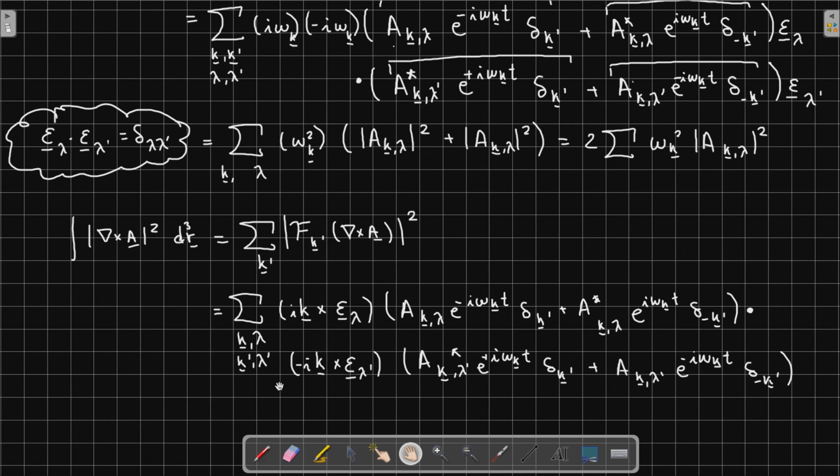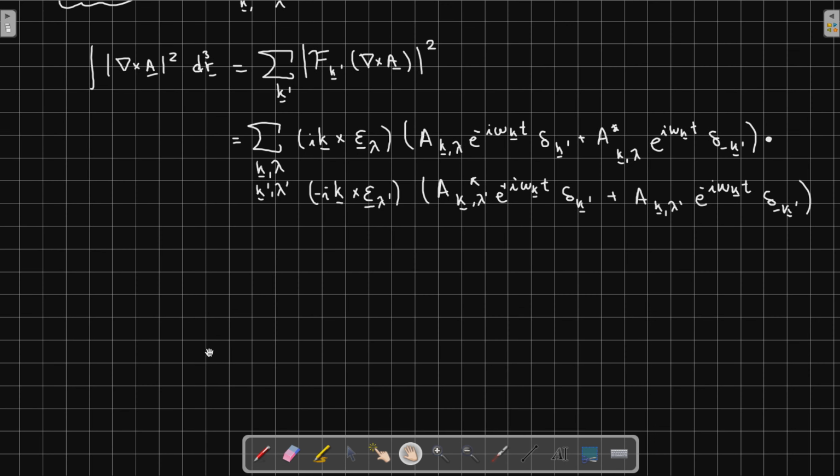Now, here is where we use another identity, and this can be proven quite easily using Levi-Civita tensors, for example, and it's the following.